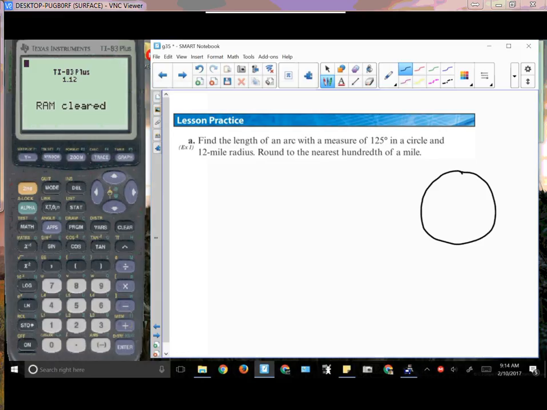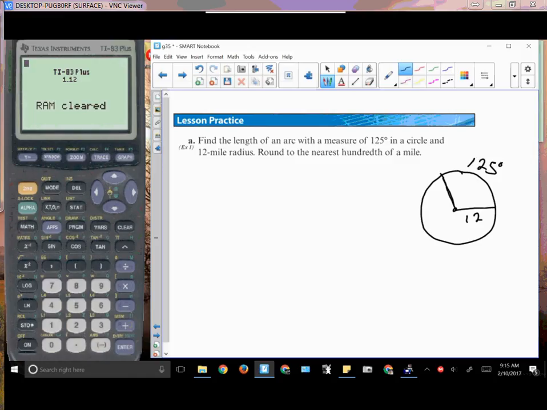Please make sure that you write it out. Draw it out. So I'm going to start here, go over here, and I have a radius of 12. Find the length of an arc with a measure of 125 degrees. Where's 125 degrees? Well, we know 90 is up here. We know 180 is over here, so it's probably going to be sitting in here someplace. So that's 125 degrees.